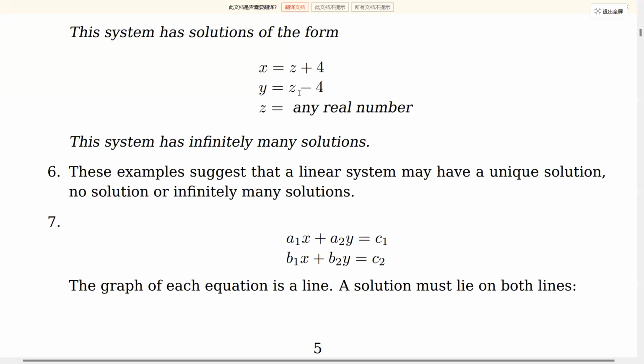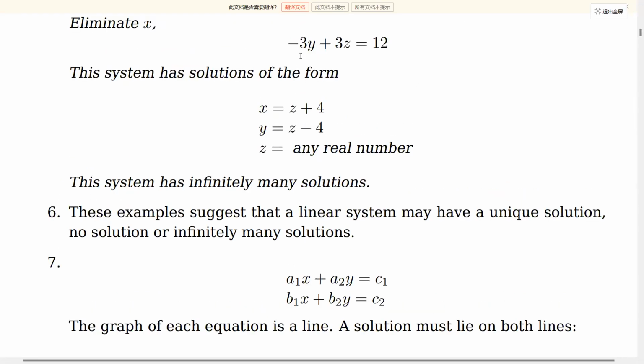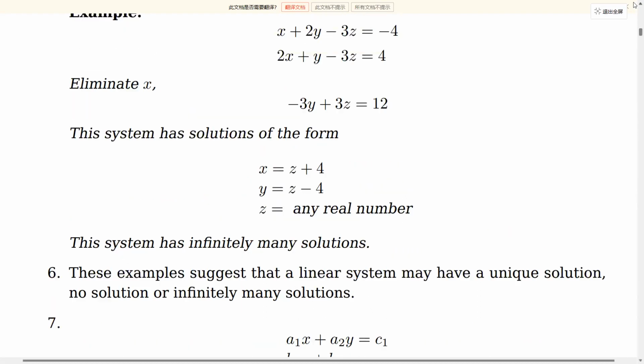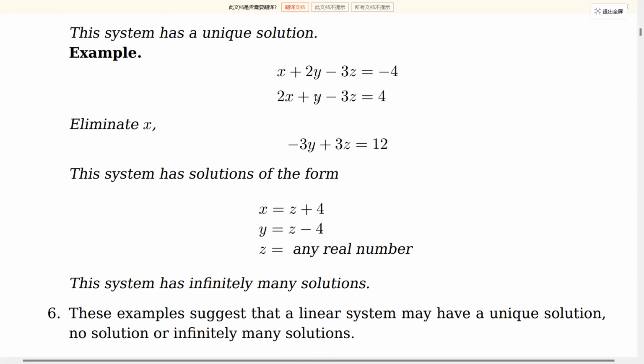Okay. So, yeah, y will be z minus 4. And then you plug back into the first or second equation, and you're going to get x equal to z plus 4. So this is coming from plugging y equal to z minus 4 into the first equation, for example, and solving for x.